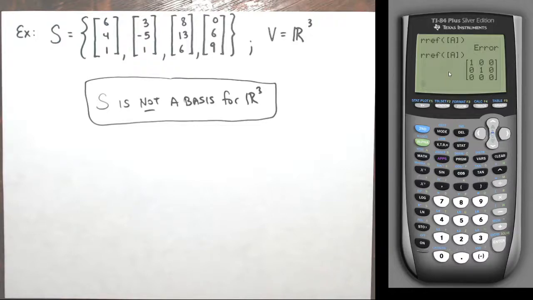And then you look at the columns where all the leading ones of the rows are. You look at the columns where the pivots are. If all the columns have pivots, wonderful. That means the set is linearly independent. And if not all the columns have pivots, that means the set is linearly dependent, right? And therefore the set would not be a basis for the vector space.